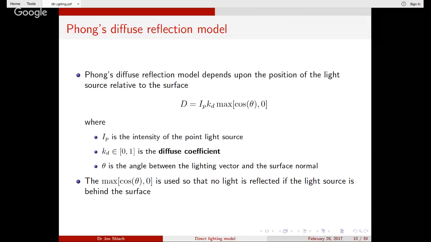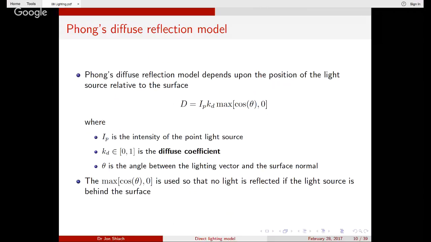We've got a little max calculation here because cos theta can be negative. When the angle is greater than 90 degrees, cos will be negative. You can't have negative light being reflected, so we have a max, so that it's always going to be zero or positive.